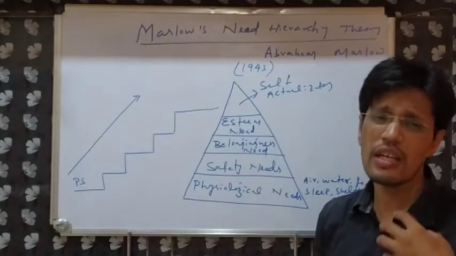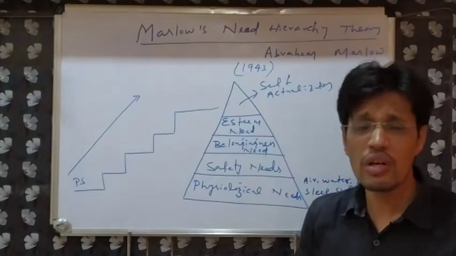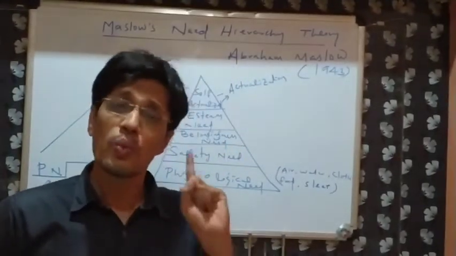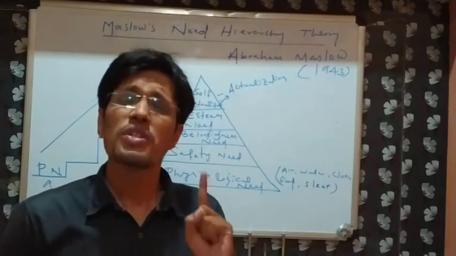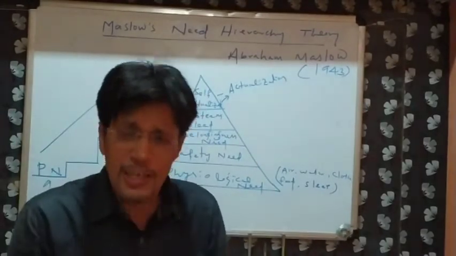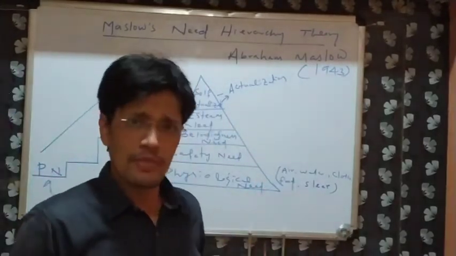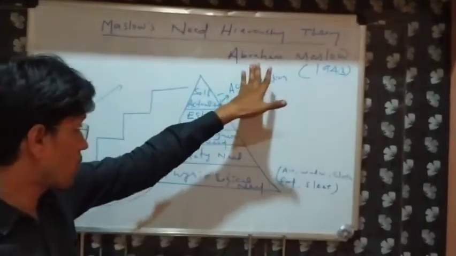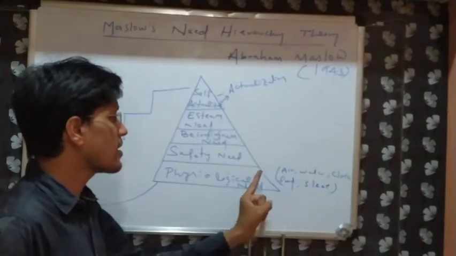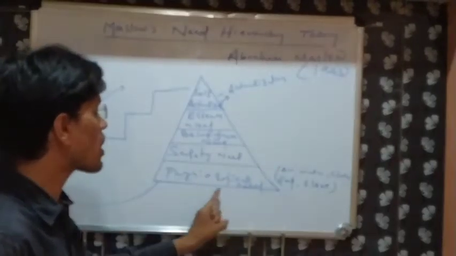Physically and mentally it supports an individual to step ahead. So physiological needs are all the basic needs which make people more physically and mentally fit. So Abraham Maslow suggested that every individual should fulfill the basic needs, and these needs are the physiological needs.